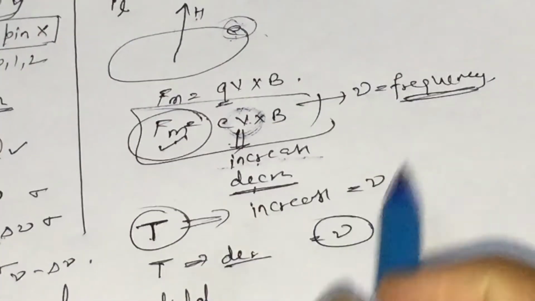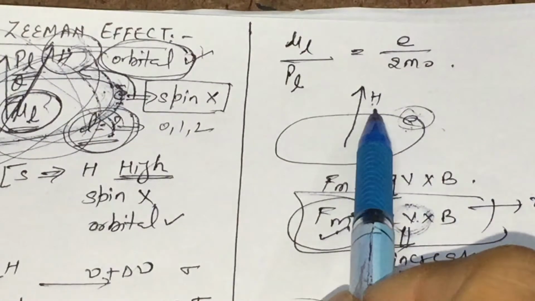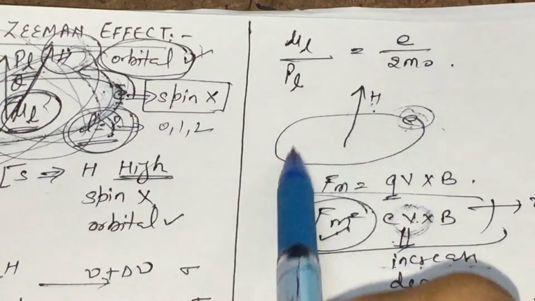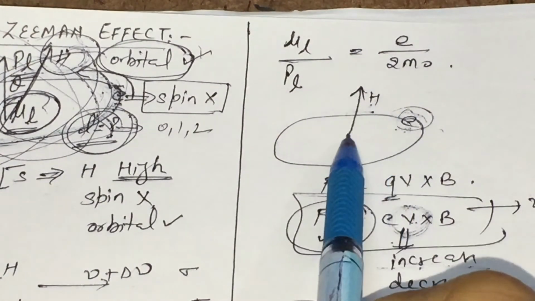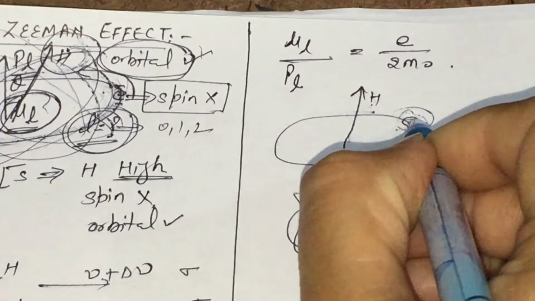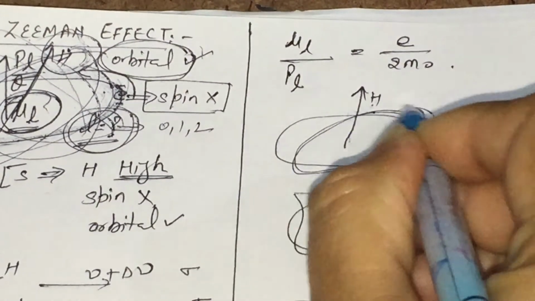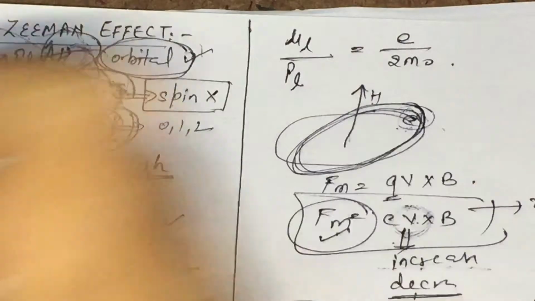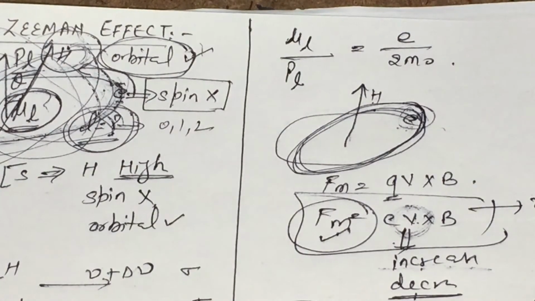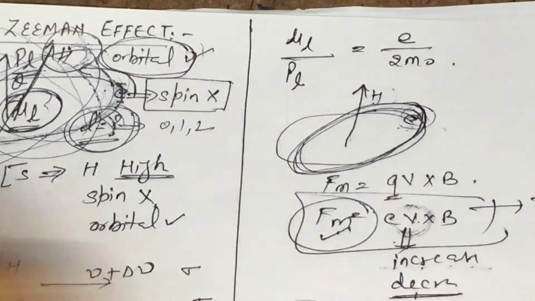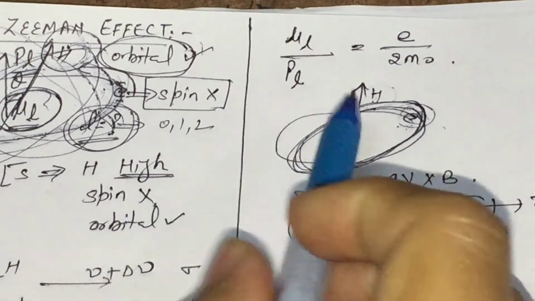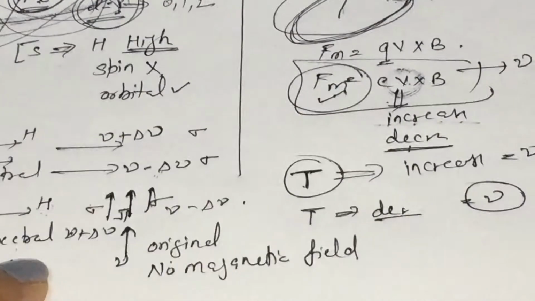Hence, due to the applied magnetic field, the electron which moves in this path when the magnetic field is not applied starts to move with a different frequency in a different path due to the force produced by the applied magnetic field.